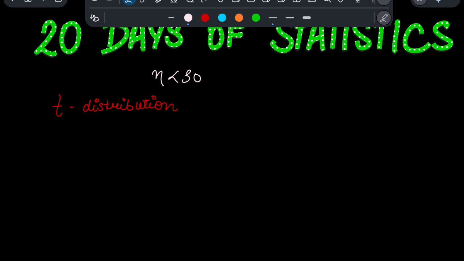The use case of the t distribution is estimating the population mean when the sample size is small and when the population variance is unknown. We use the t distribution when the sample size is small and when the population variance is unknown.